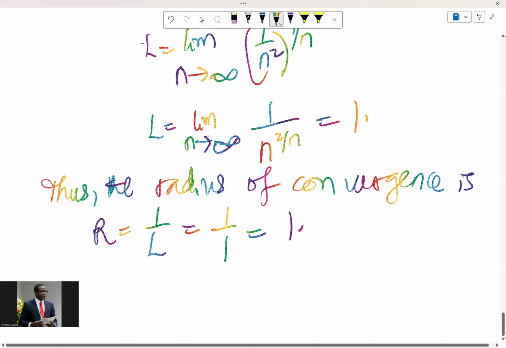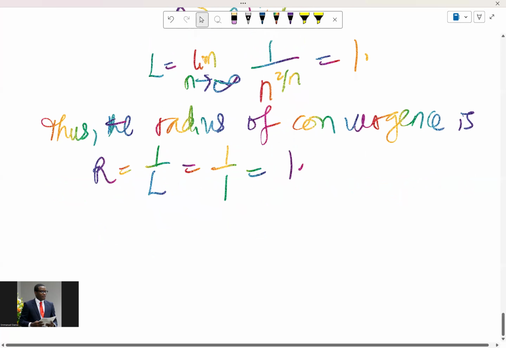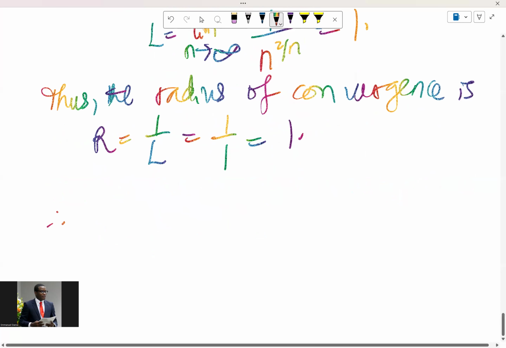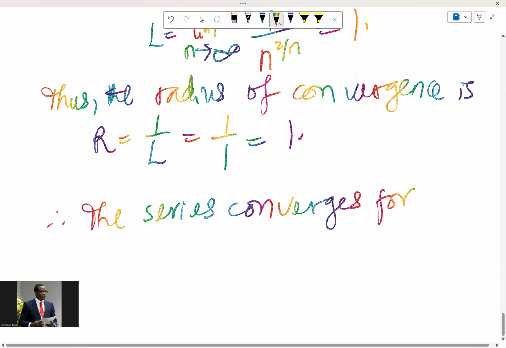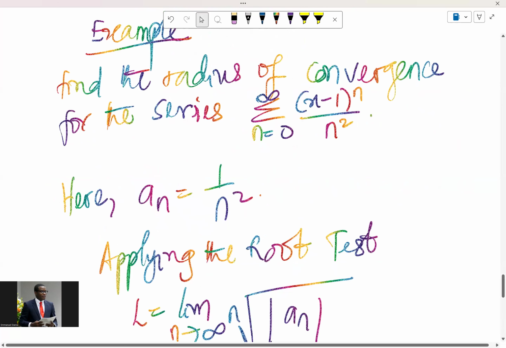So of course, the center in this case is x minus 1. Thus, the series converges for absolute value of x minus 1 less than 1, because the original expression has x minus 1.